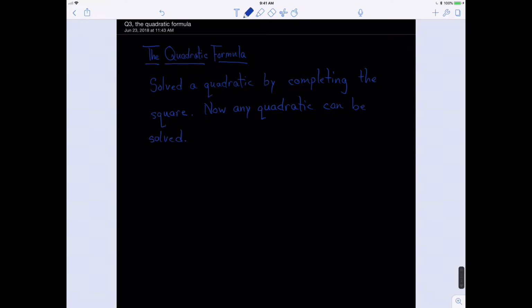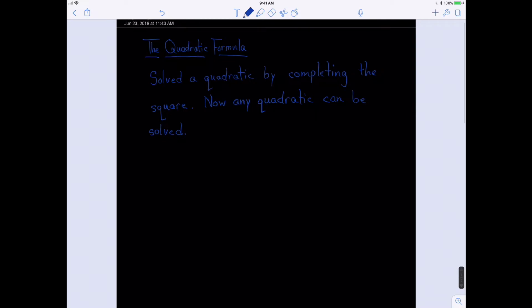The quadratic formula says if you don't want to complete the square every time, well, you can just complete the square once and it'll give you the formula that you can just use to plug in numbers however you want. So let's remember the general form of a quadratic and we'll solve that.